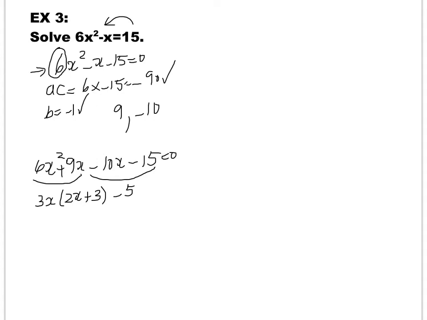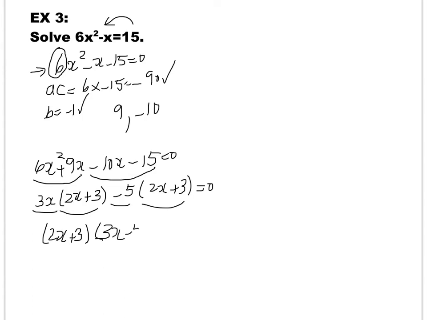I take 5 out, so I get 2x plus 3. Now 2x plus 3 is common, so I factor 2x plus 3 out, and from this one I get 3x, and from this one I get negative 5, is equal to 0.